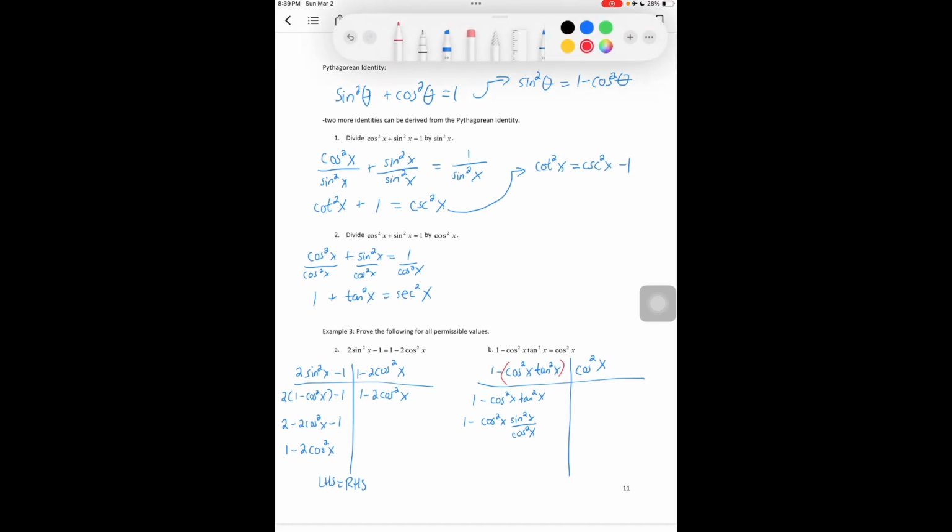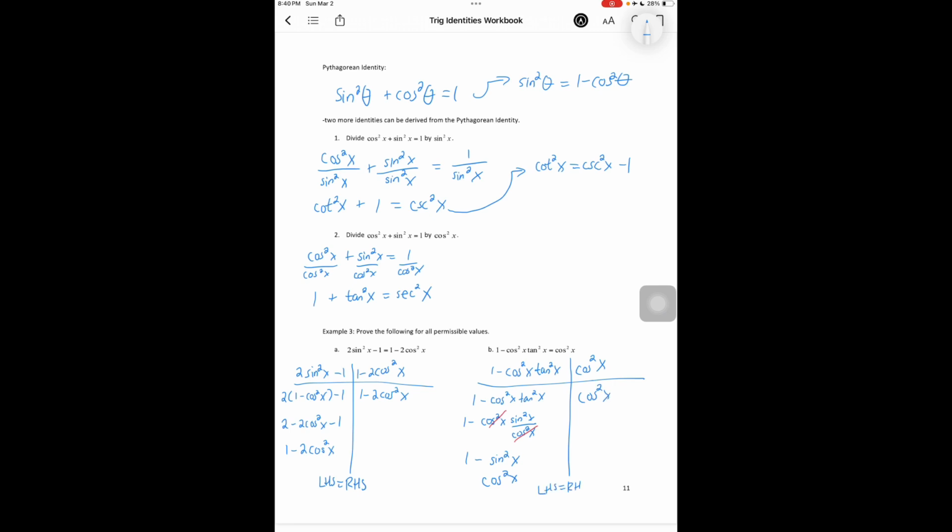The 1 minus part is actually a separate part of it. So here, if we ignore the 1 minus, these cos squared x's actually cancel, because they're being multiplied together. So now we're left with 1 minus sine squared x, and we know from the Pythagorean identity, this is the same thing as cos squared x. And now left hand side equals right hand side.